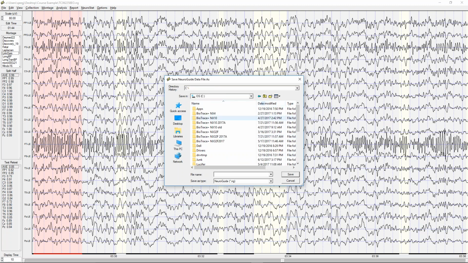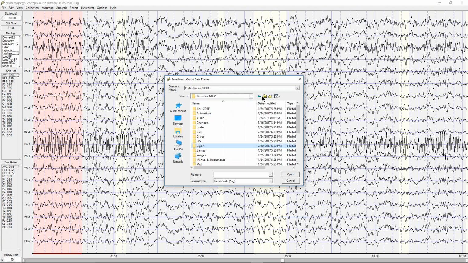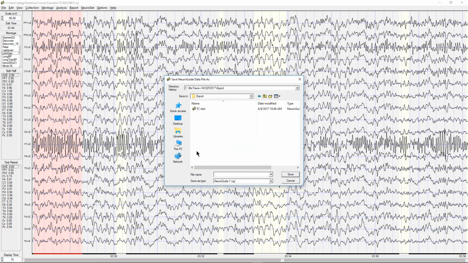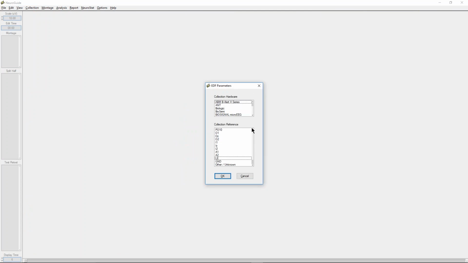Do I keep choosing the same one? It does seem like neither one of them has an export folder. Anyone? Actually, I was looking for that one that was the test folder. Where was that one? There we go. Here we go.